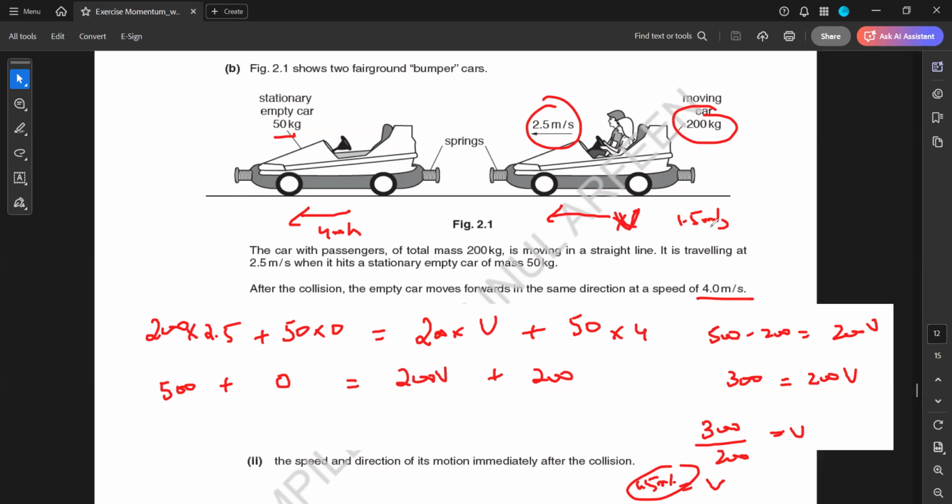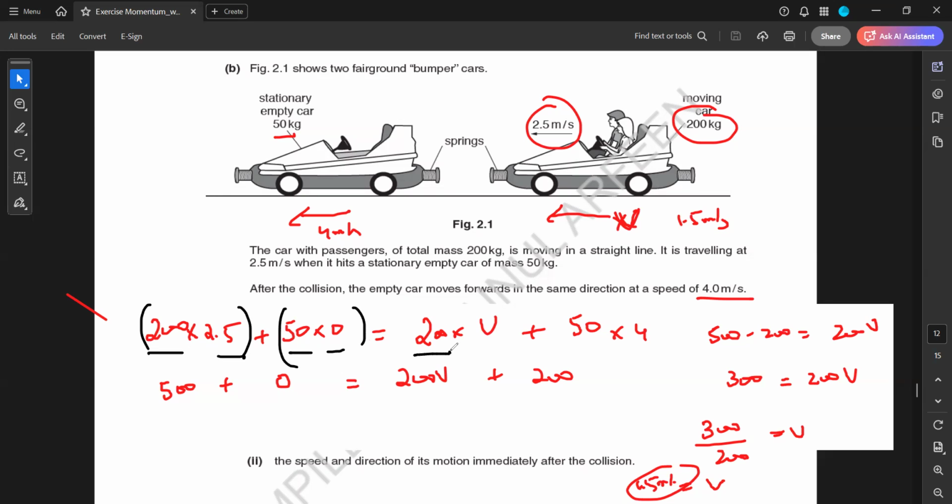How do we know it? What is multiplied? Yes, Abdullah. Which one are you asking? I'm talking about 200V. Because the total momentum before equals the total momentum after. So this is a mass multiplied by velocity, that's the momentum of the first object. Then the mass multiplied by velocity, that's the momentum of the second object before collision.